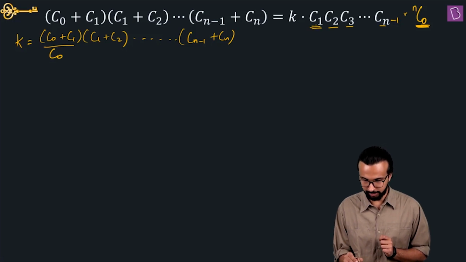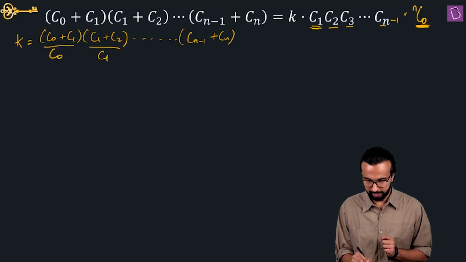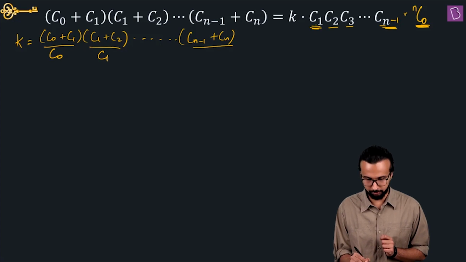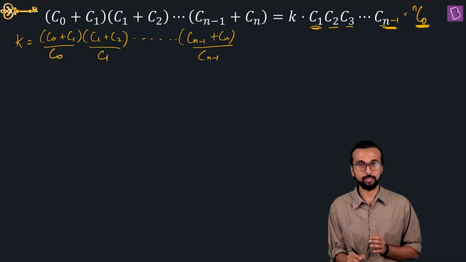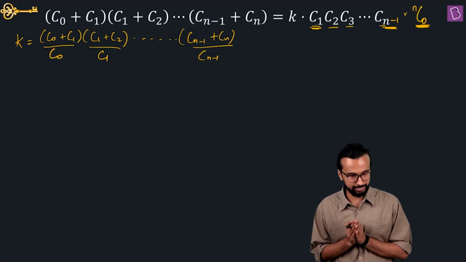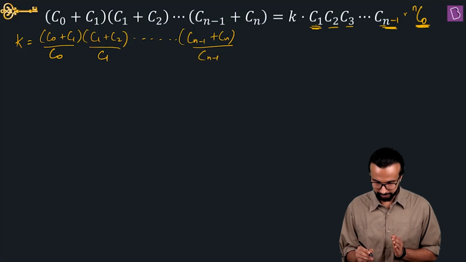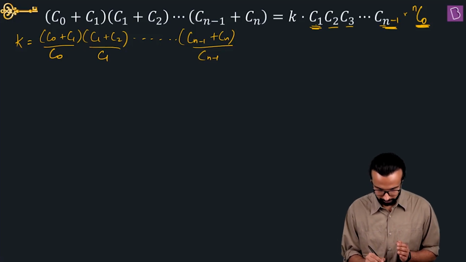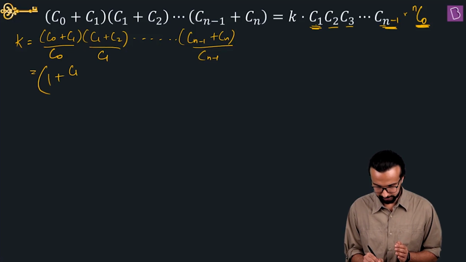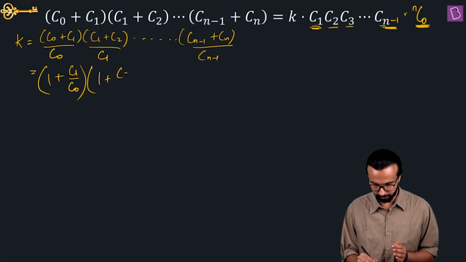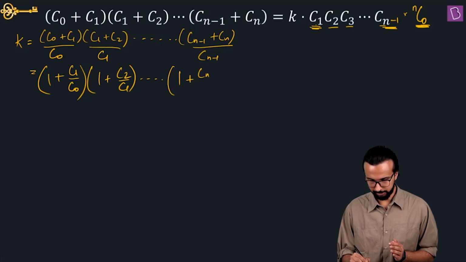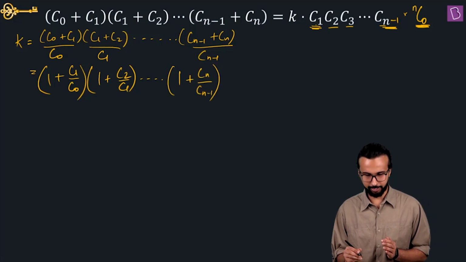I take this C1 and divide it for the second term, and I take C(n-1) divided for the nth term here. So this can be written as (1 + C1/C0)(1 + C2/C1) all the way up till (1 + Cn/C(n-1)).